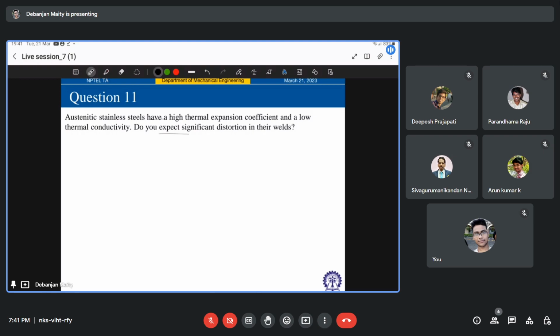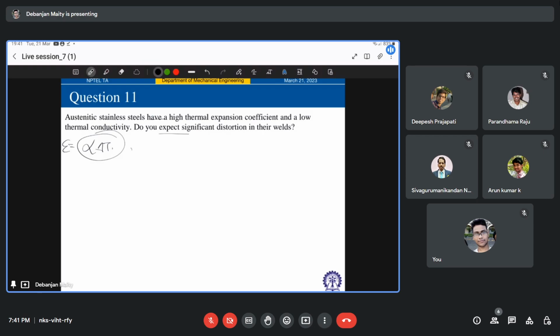So depending on your coefficient of thermal expansion, this was my thermal strain, correct? There can be some solidification shrinkage and thermal contraction of this weld metal. So always your workpiece will have some tendency to distort.